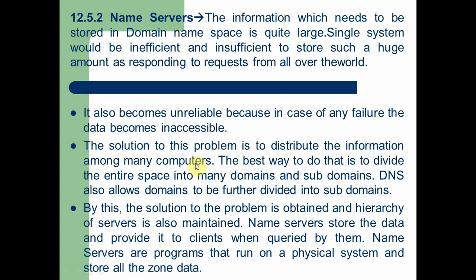So a name server stores the data and provides it to the client when queried. Whenever a client accesses any computer, that server is ready to provide the necessary information. Name servers are programs that run on a physical system and store all the zone level data.